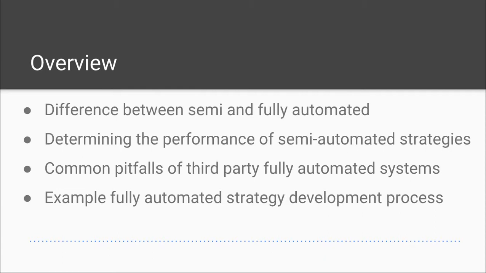And also I'll go through a bunch of common pitfalls of third-party fully automated systems. I know a lot of people put their trust and money into a third-party system, but I'll show you a few things to look out for there. And I'll give you an example of fully automated strategy development, a process which I use, just a bit of an overview to show what's involved with actually developing a fully automated strategy.